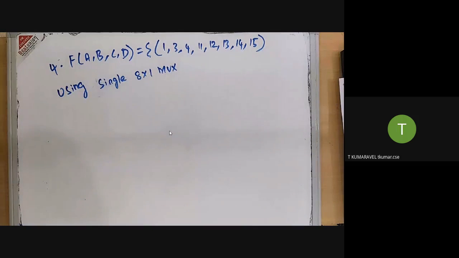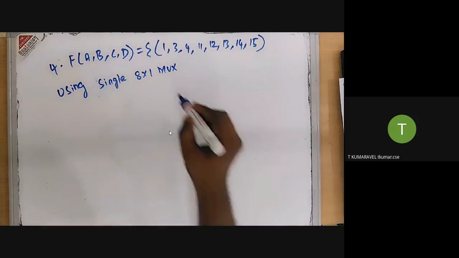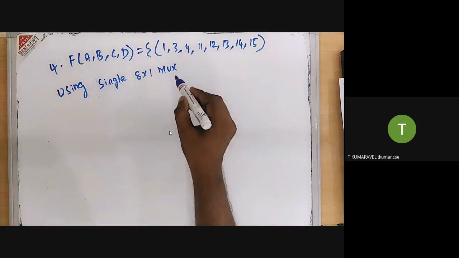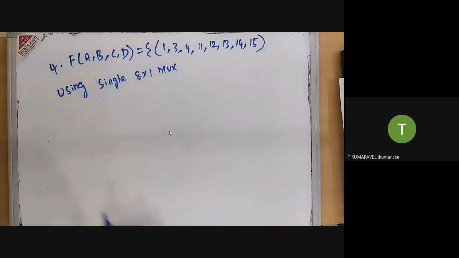They given one question. In the question, the function is a four variable function, and the respective min terms are given. So the hidden meaning is the respective output value equal to one, and you want to implement that functionality using a single 8 by 1 multiplexer.